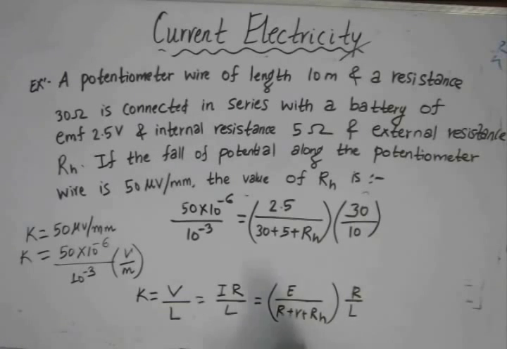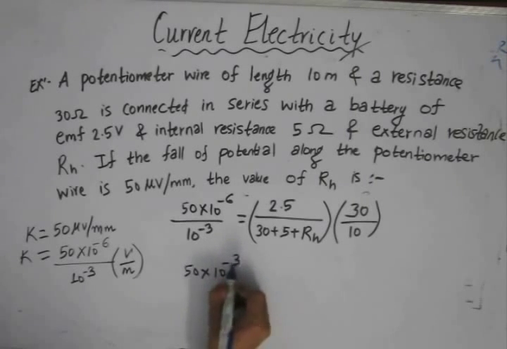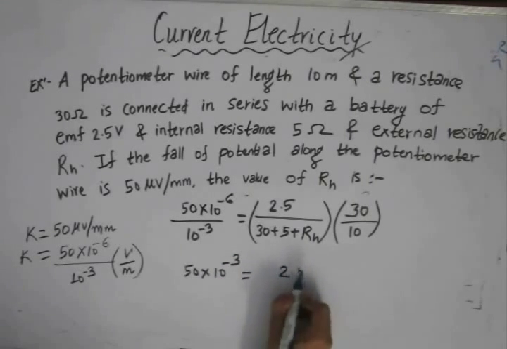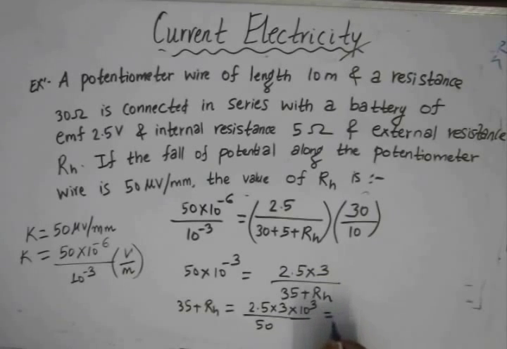So if we solve for RH, this could be written as 50 into 10 to the power minus 3 is to 2.5 into 3 divided by 35 plus RH. From here, 35 plus RH is equal to 150, after solving this.